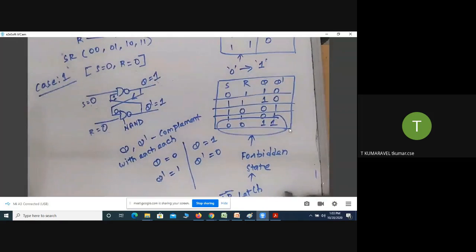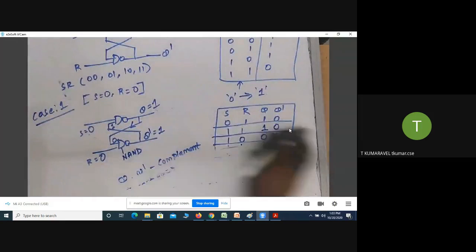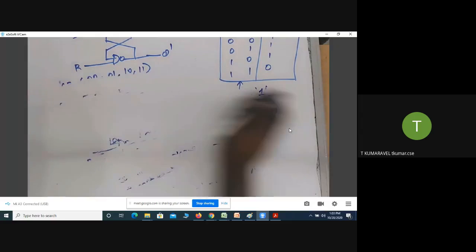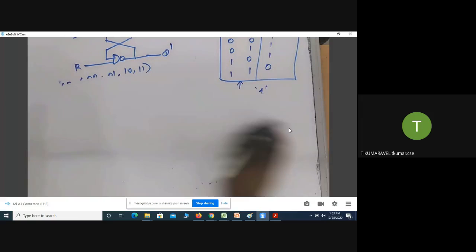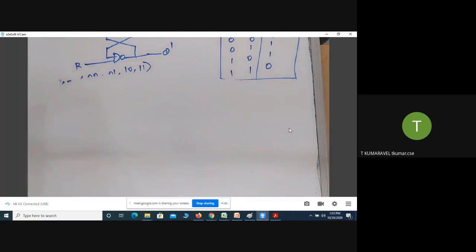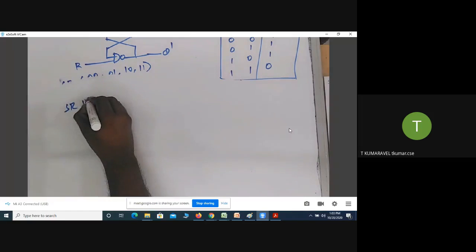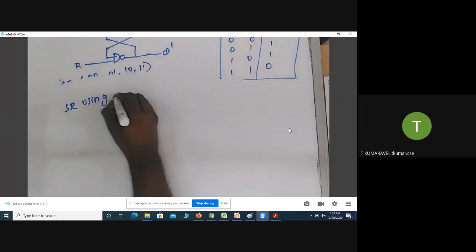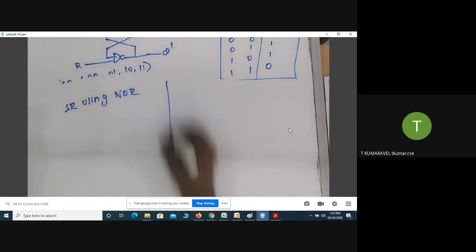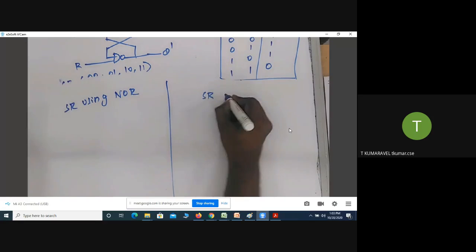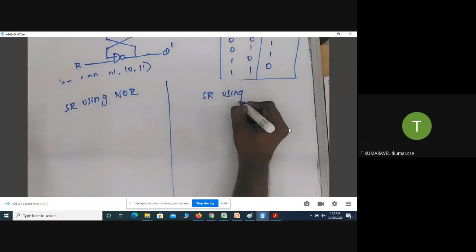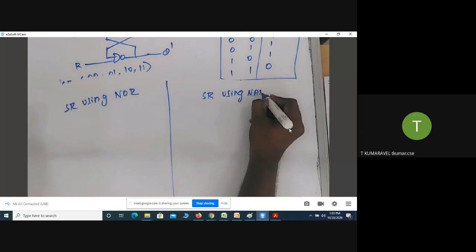In order to understand that name, I'm going to consider both implementations. What is the truth table for SR implementation using NOR gate, and SR implementation using NAND gate?